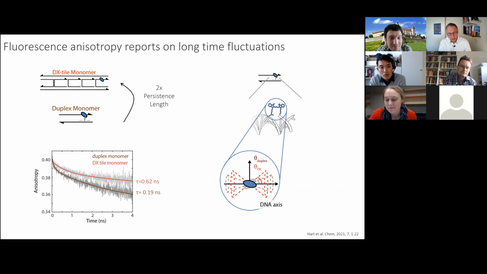Can you tell something about their dipole moments in these two systems? What I mean to say is, can you describe the system with a single dipole moment of a certain orientation, or for instance, for the duplex, do you need two dipole moments that might be oriented differently?